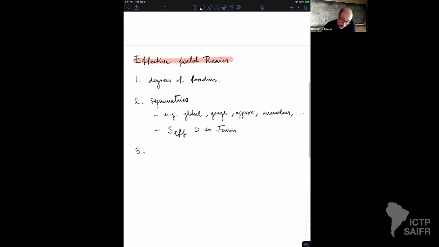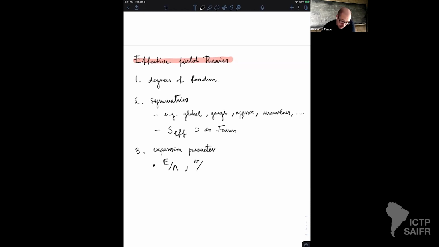Now, in order to deal with an infinite number of terms, we need also a third ingredient, which is an expansion parameter. This is the third defining property of any effective theory. And it could be a ratio of energy scales, E over lambda.